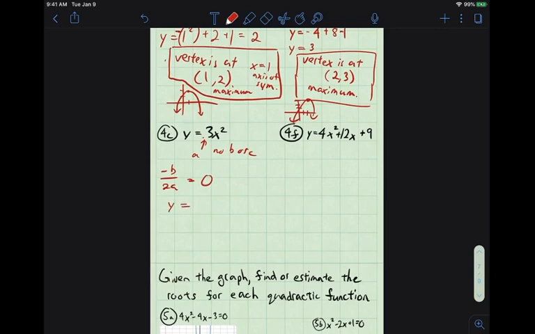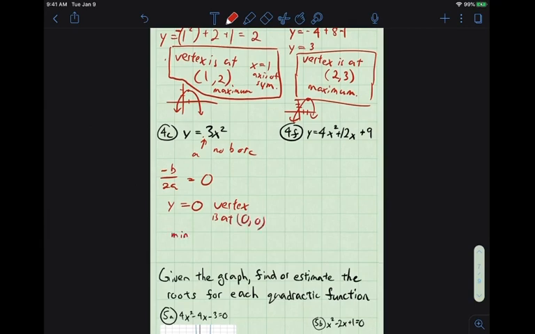Y is going to give you 0. Vertex is at 0, 0. It's going to be a minimum. Sketch the graph. Looks like this. Opens upwards. Axis of symmetry is at x equals 0.